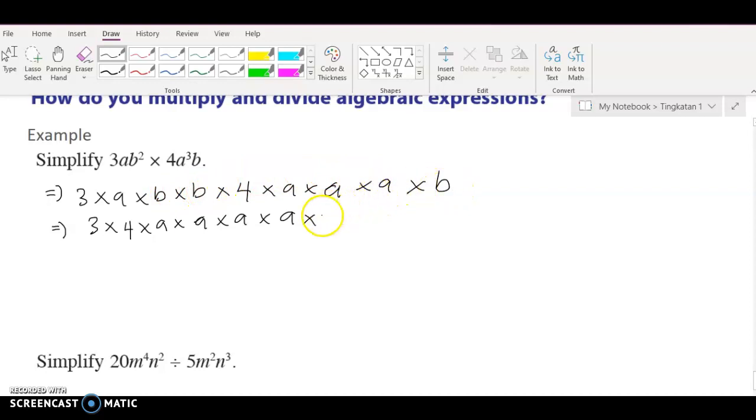Sorry, 3 over here. So you will get b 1, 2, 3, and then you simplify it back. You should get 4 times 3, because it's a number, only the coefficient is involved, so 4 times 3 will be 12. A, how many? 1, 2, 3, 4, so you just write a over here and the power of 4. B, how many? You have 3 times, so b to the power of 3. So you should get 12a to the power of 4, b to the power of 3.